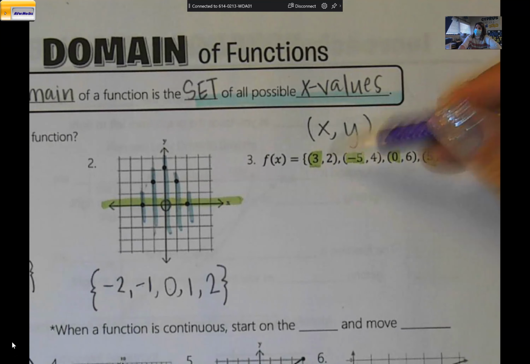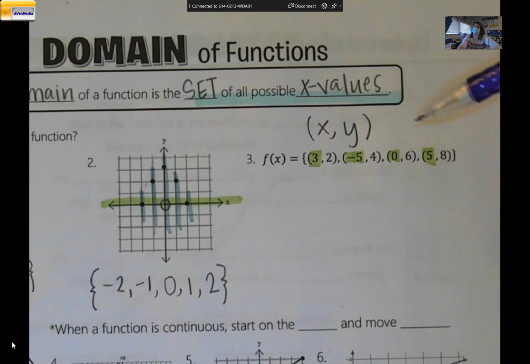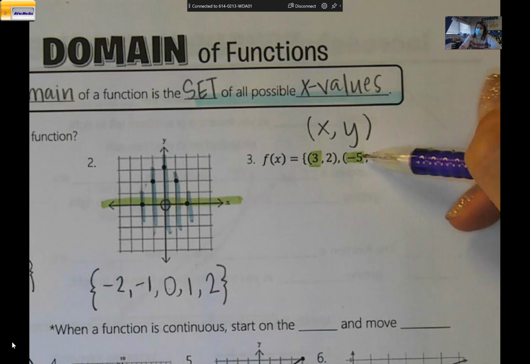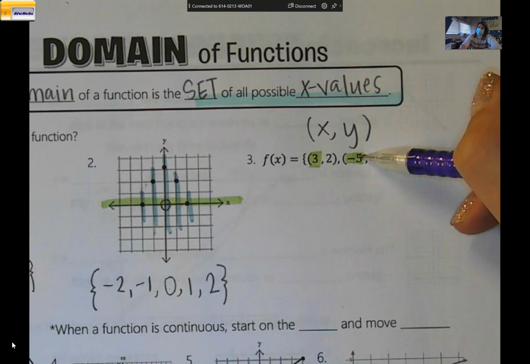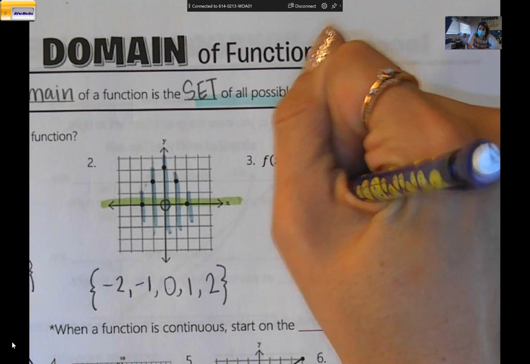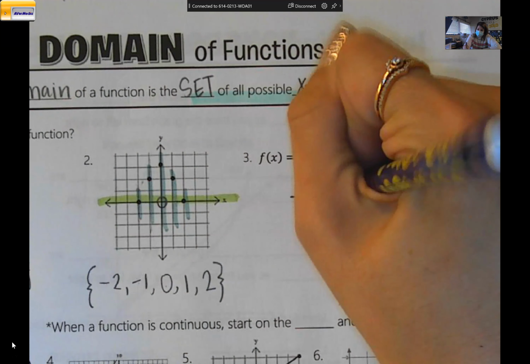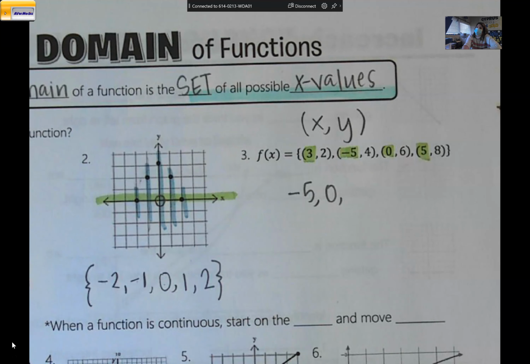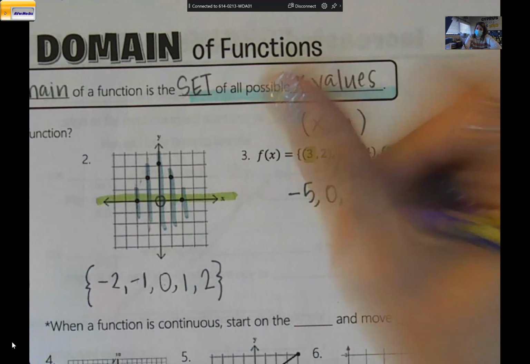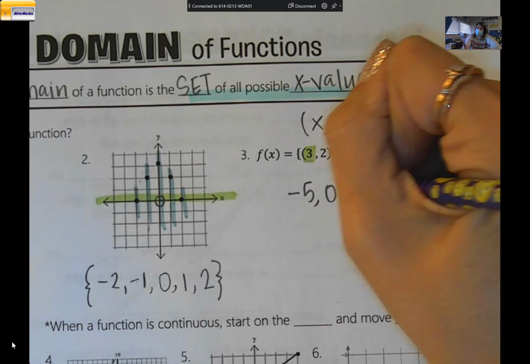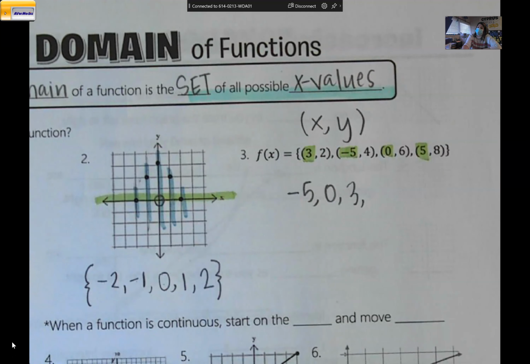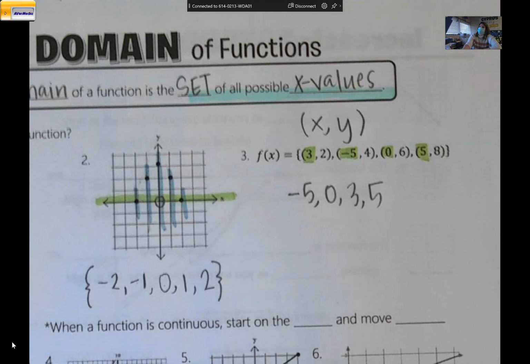Now, when we list, we want to go in the order from least to greatest. So in this case, the smallest x value is -5, then 0, then 3, then 5. Sorry about that.